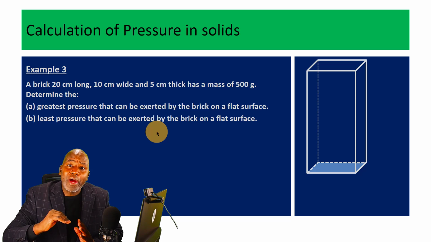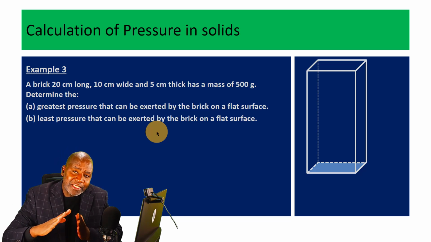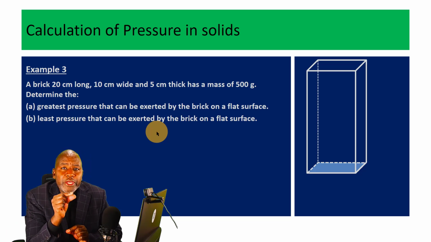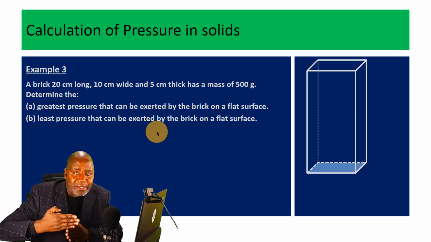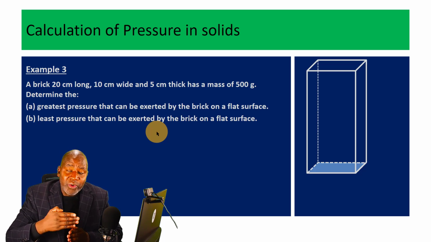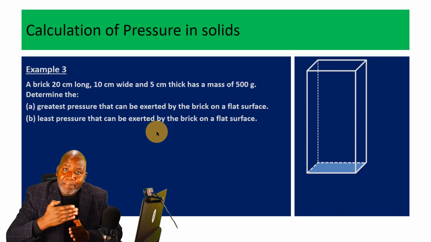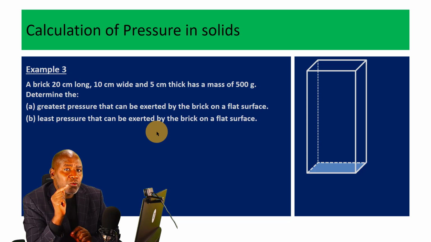And that is the reason why we sharpen cutting objects. When we sharpen cutting objects such as knives, we are trying to reduce the area of contact between the knife and what is being cut, as it happens in the example that I gave at the beginning of this video, where I was using the utility knife to cut a piece of plastic. You find that a sharp knife means that the area of contact between the knife and whatever is being cut is very small.